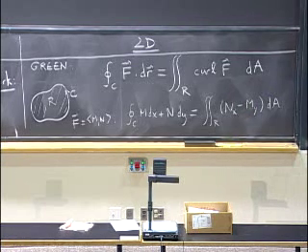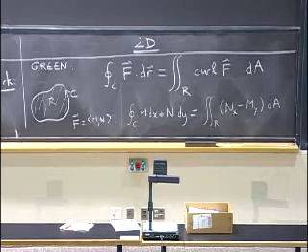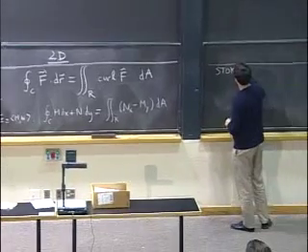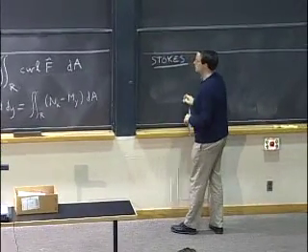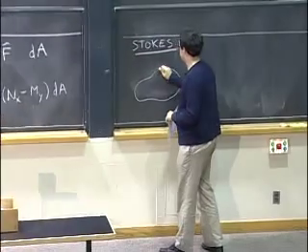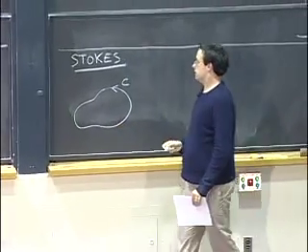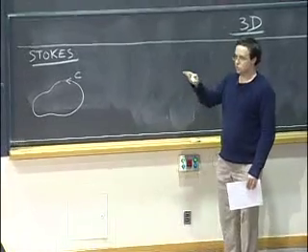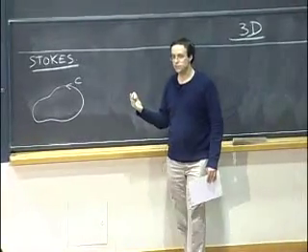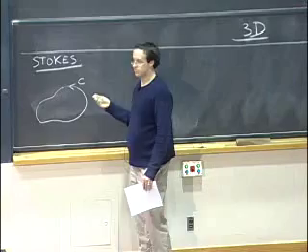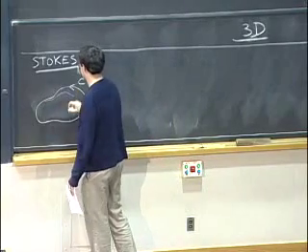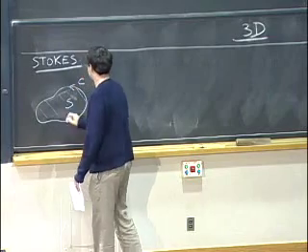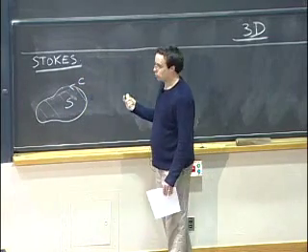And now the analog of that in space is Stokes' theorem. Stokes says if I have a closed curve in space, now I have to decide what kind of thing it bounds, and the answer is it will have to bound some surface, but I have a choice of surface. So I choose my favorite surface bounded by C. I'll just draw it like that. And I have to choose a compatible orientation.